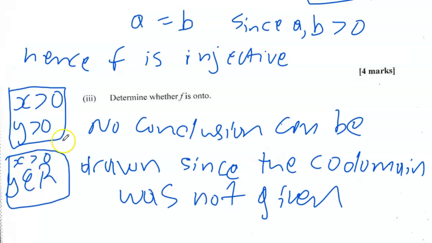So here it would be onto, since there's an inverse, and any horizontal line drawn would cut the graph at least once. And here it would not be onto. But it is inconclusive, since no codomain was given.